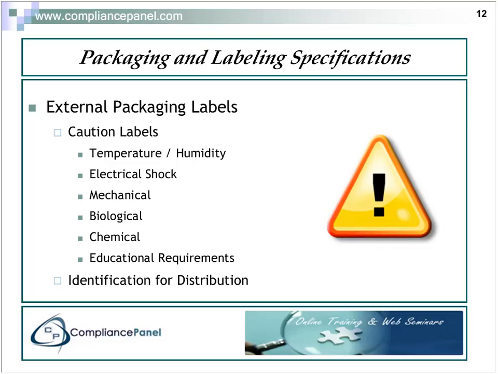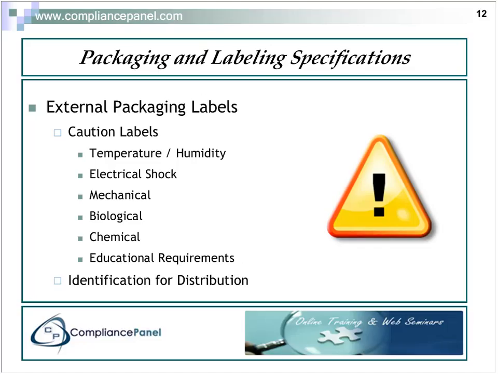What are the educational requirements for the person who's going to use this? Is it going to be used by an elderly person in the home, or is it going to be used strictly by a physician in an operating room? So those are some things to consider when you think about labeling that goes along with your documentation.